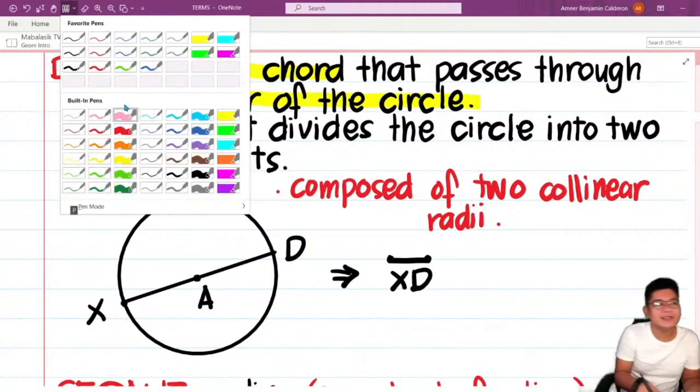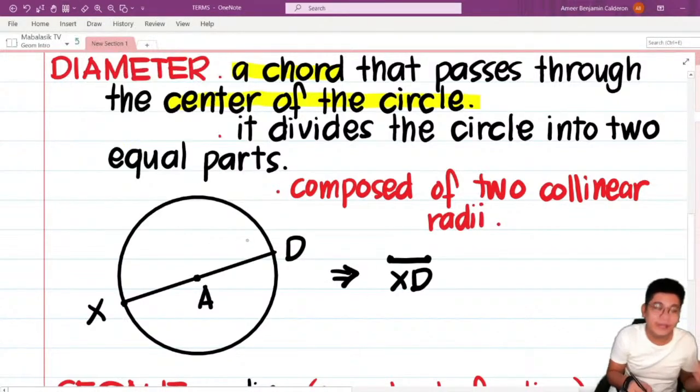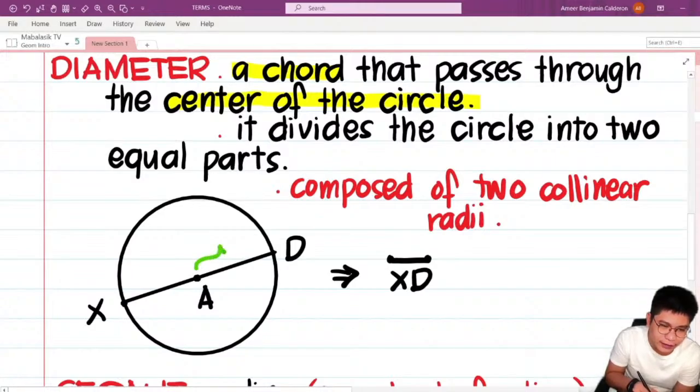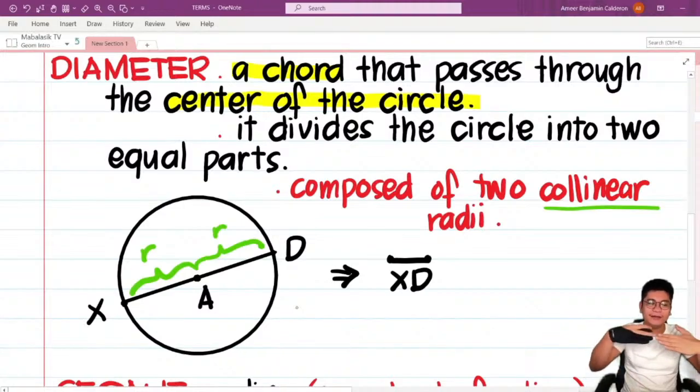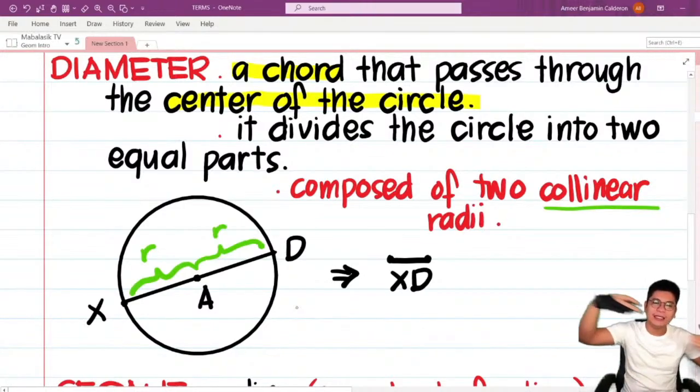Ano yung dalawang radius dito sa figure natin na to, mga best? So we have here segment AD and segment AX. Diba radius yan, parehas? So meron tayong dalawang collinear na radii. Pag sinabing collinear, they are contained in a line.